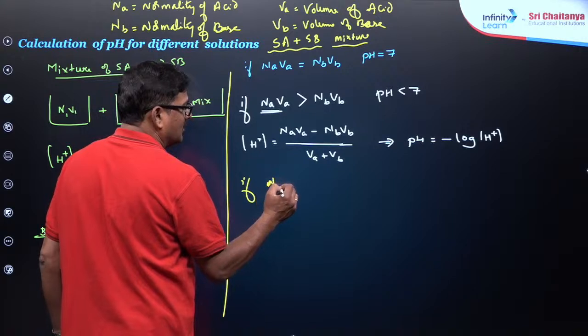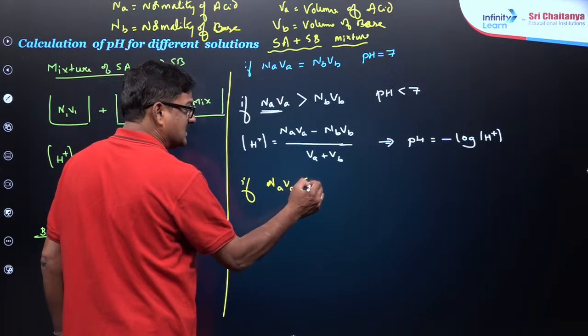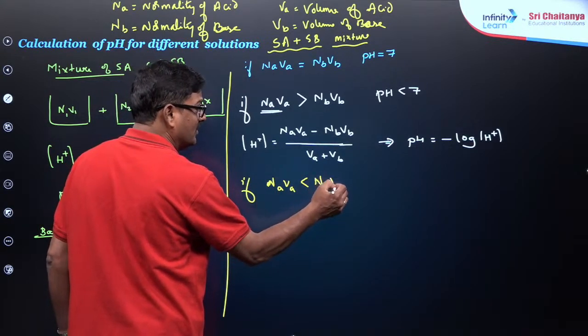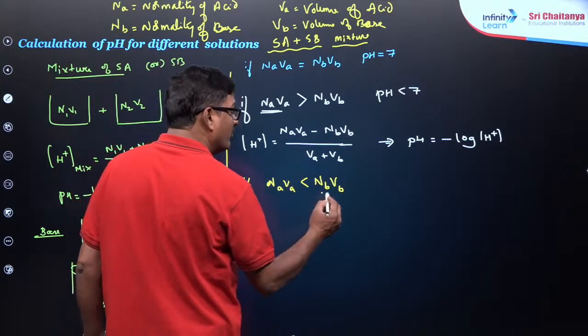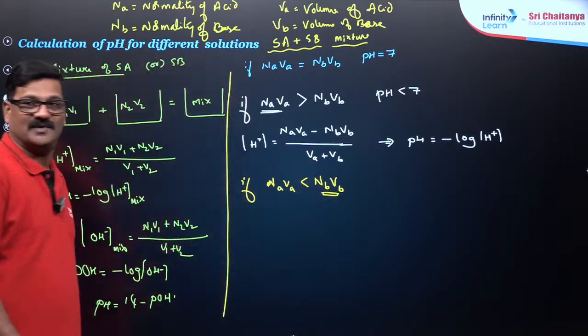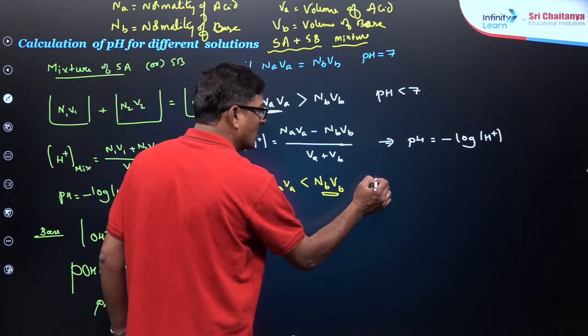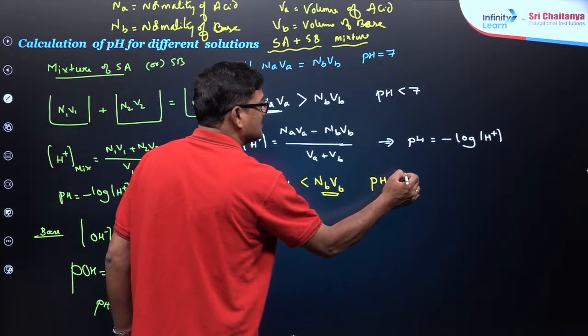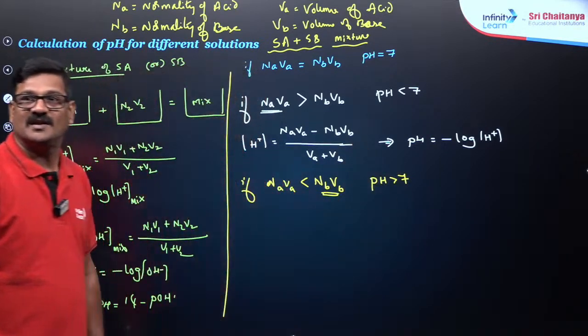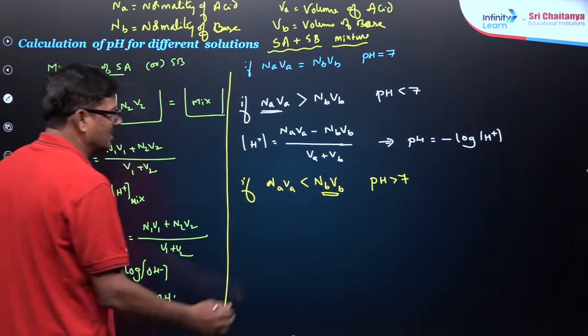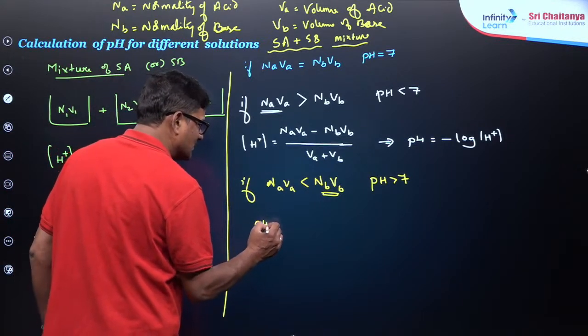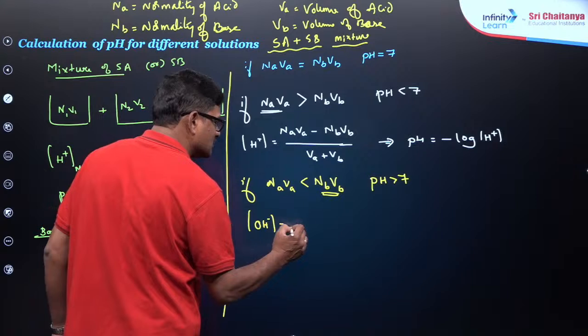अगर यहाँ पर if NaVa less than NbVb होगा तो बेस जीत गया. सो अगर बेस जीत गए तो सॉल्यूशन बेसिक होगा, pH greater than 7 मान लो. अंडरस्टैंड? सो इसका बेस का कॉन्सेंट्रेशन निकालने की कोशिश करो.